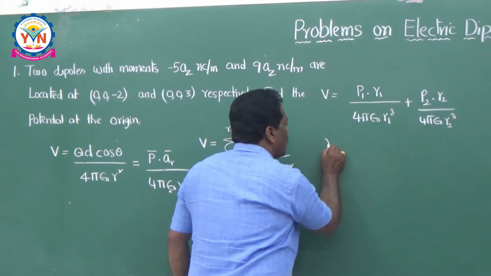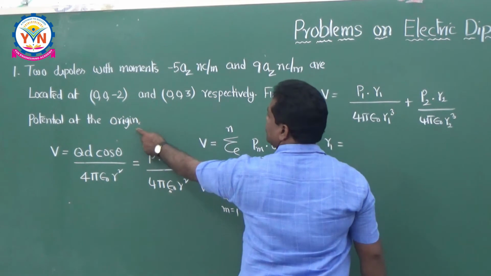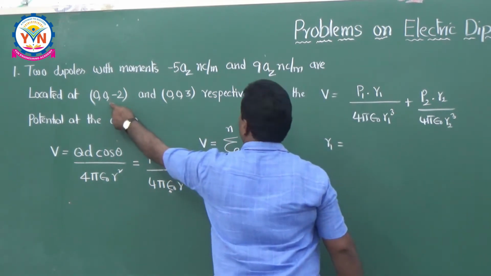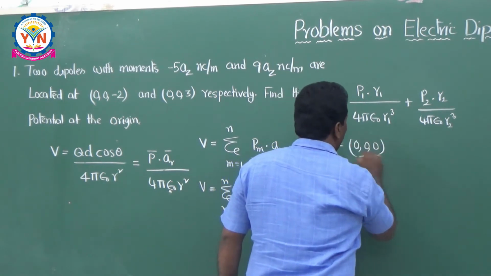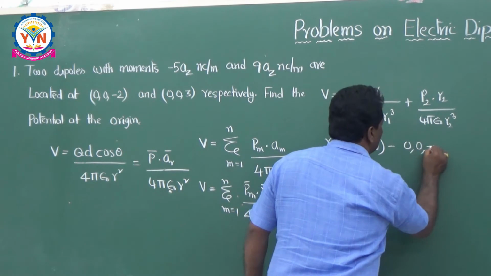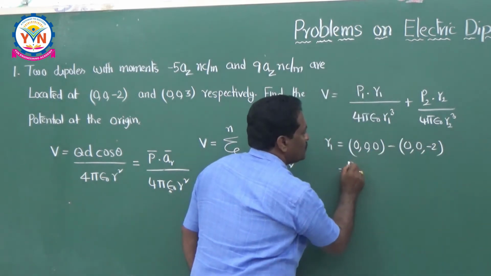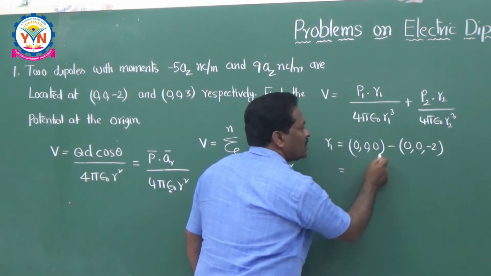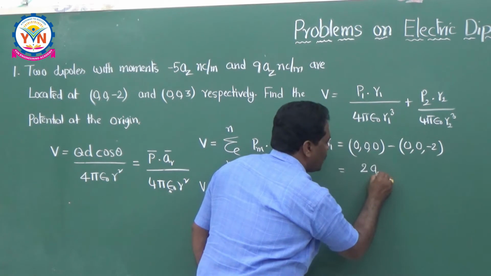What is R1? R1 is equal to destination minus source. What is the destination here? Origin. Origin minus the source, that means (0, 0, 0) minus (0, 0, -2). That is 0 and 0 minus 0, 0, and 0 minus of minus 2, which is plus 2 Az.